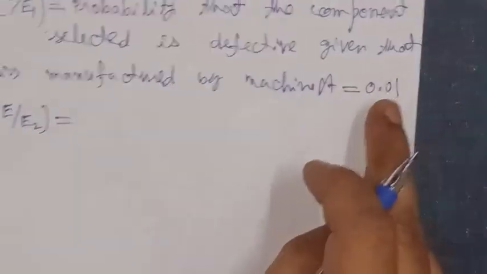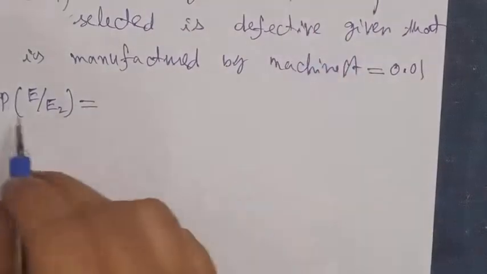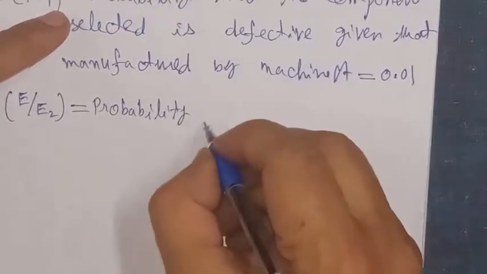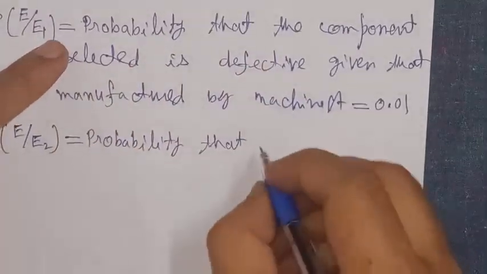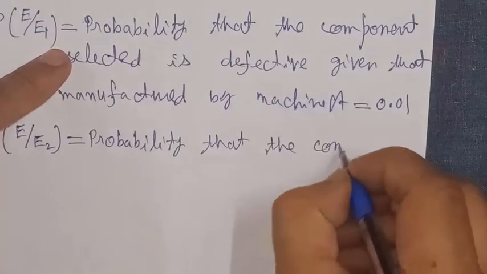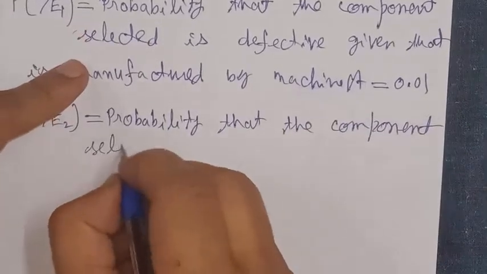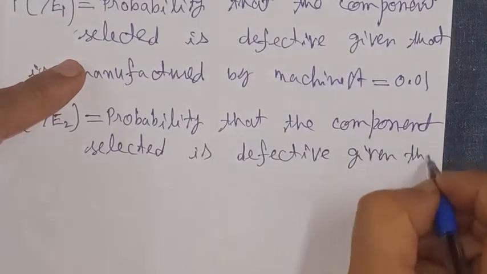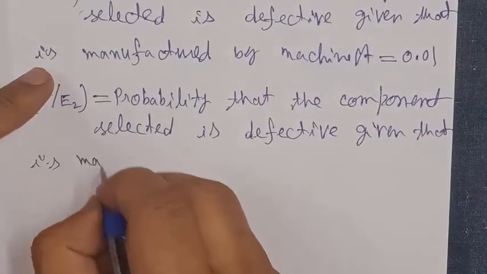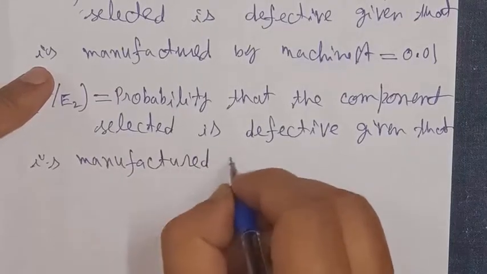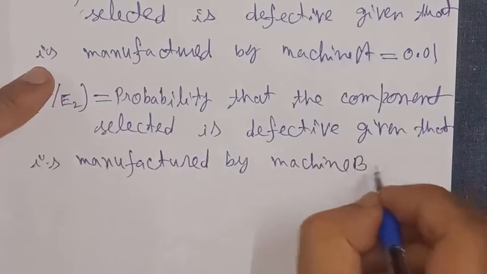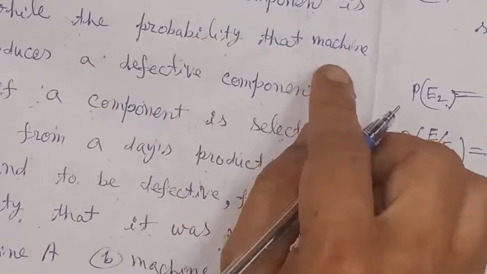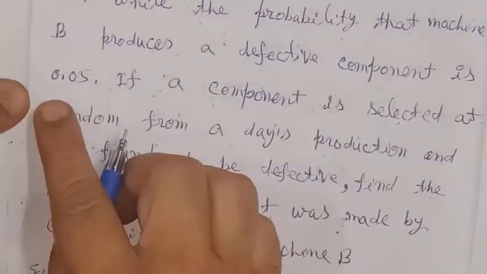So we write here, as previously, P(E/E2) is the probability that the component selected is defective given that it is manufactured by machine B, which is given here as 0.05. It is given in the question that the probability that machine B produces a defective component is 0.05.